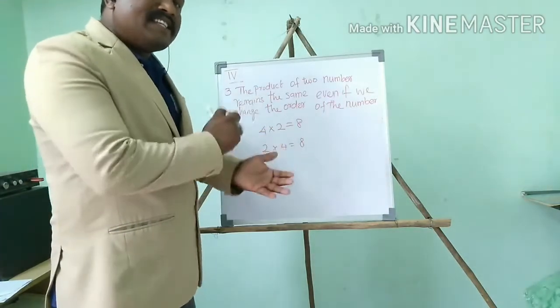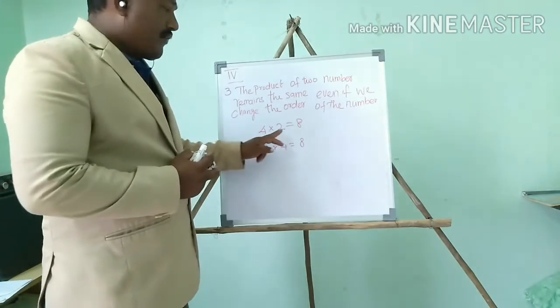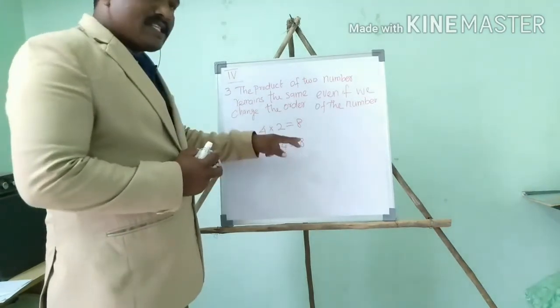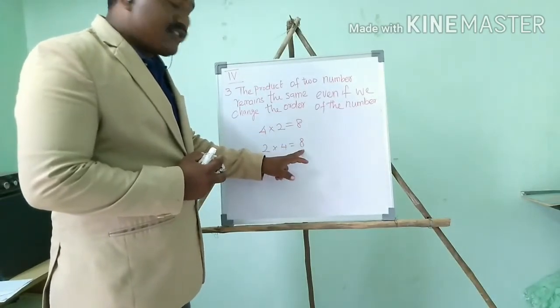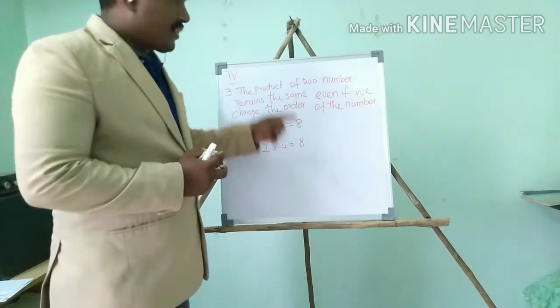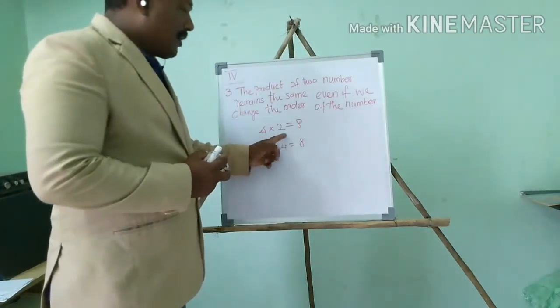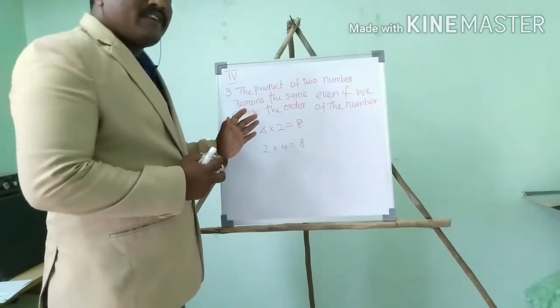If I change the order of the two numbers, 2 on this side and 4 on this side, what will happen? Will the result change? No, the result will not change. 2 4s are 8, the same product. That's the third property. If you change the order of the numbers, the product will not change.